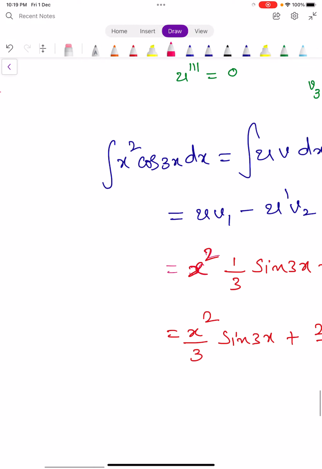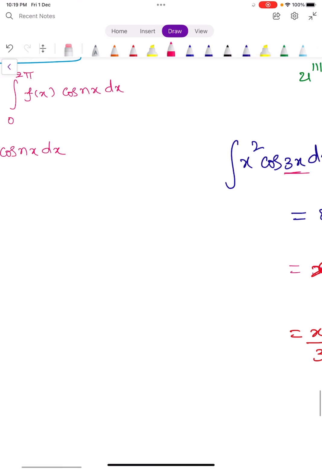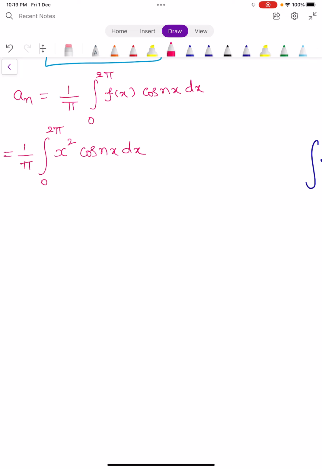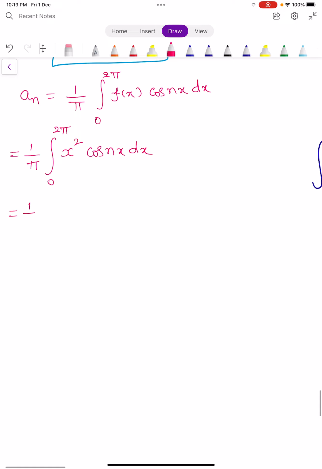In the previous example, we solved with 3x, but here we have nx. That is the only difference. So we go through with it. 1 by pi, x square, integral cos nx is sin nx by n, minus of minus plus 2x, because integral of sin x we get minus cos x.